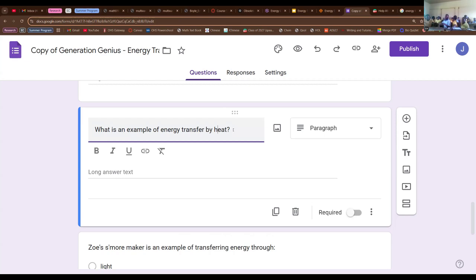It can be as simple as cooking food on top of a stove or on top of fire. So when you have a pot, or a piece of meat above fire, the heat that is generated from the fire gets transferred to the food and it gets cooked. So that is one example of how energy is transferred by heat.